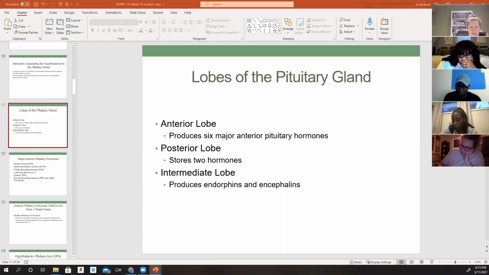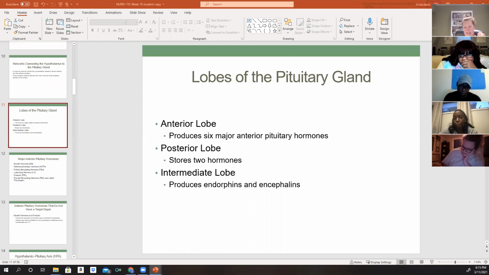So the pituitary gland is actually located in our skull under that layer of the dura mater, if you guys remember back to biology. And then it has 3 lobes. So we said the anterior, the posterior is going to store those hormones, that ADH and that oxytocin. And then the intermediate lobe is going to produce endorphins and enkephalins.